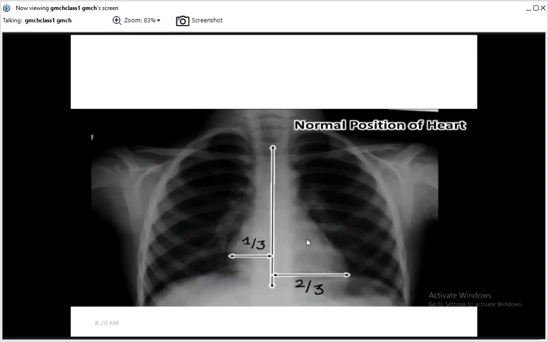Normally one third should be on the right side and two thirds should be on the left side in a film which is not rotated. If it is rotated, the whole of the heart would be on the left side, or more of the heart may be on the right side. These are all soft markers. The main marker which is helpful to say whether the film is rotated or not is the distance of the medial ends of the clavicle from the spinous processes.